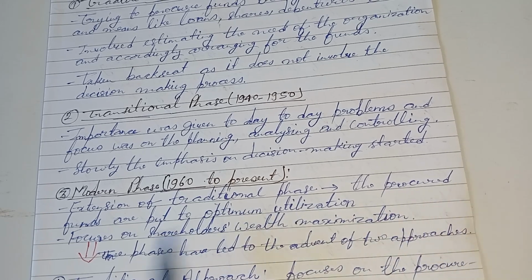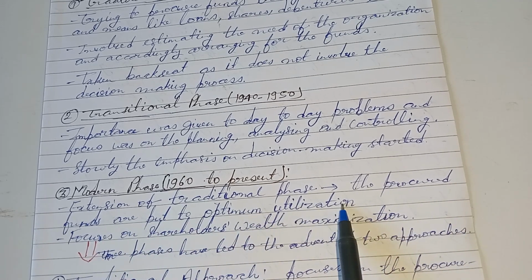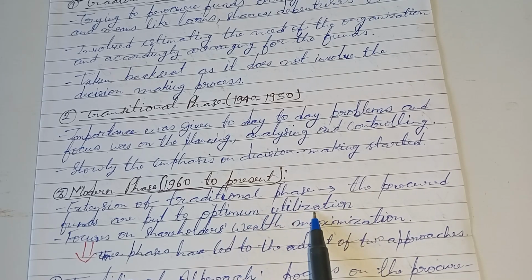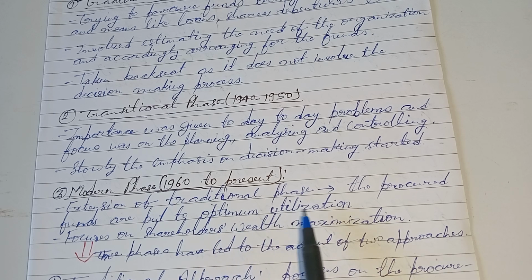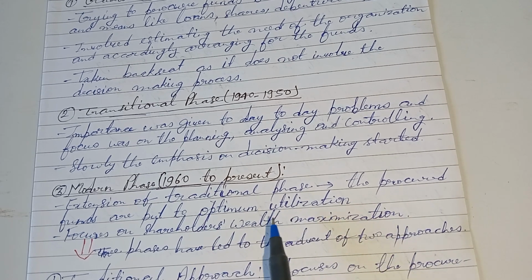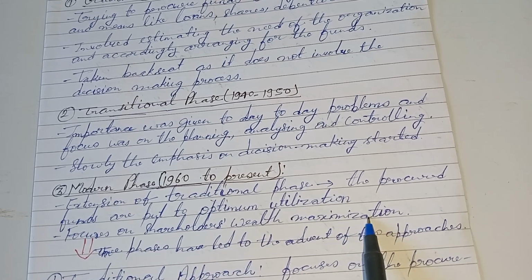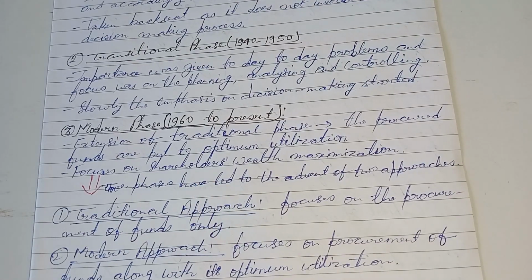The procured funds are put to optimum utilization. Optimum utilization is the point which differentiates the modern phase from the traditional phase. The focus was also on shareholders' wealth maximization.